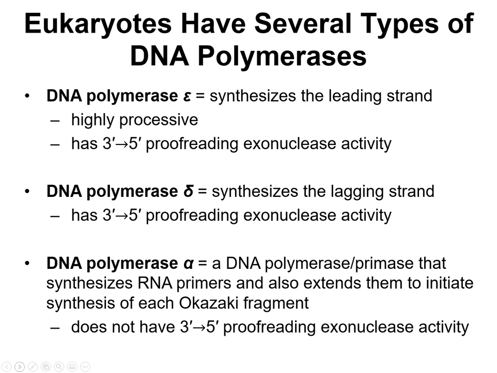Then we've got a DNA polymerase that also has primase activity, and it can synthesize the RNA primer and extend it out a little bit to initiate the synthesis of the Okazaki fragments. It does not have proofreading ability. So know these 3 different types and be able to compare and contrast them, know what their jobs are.